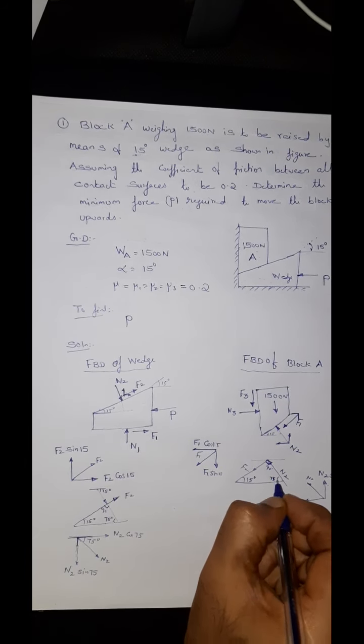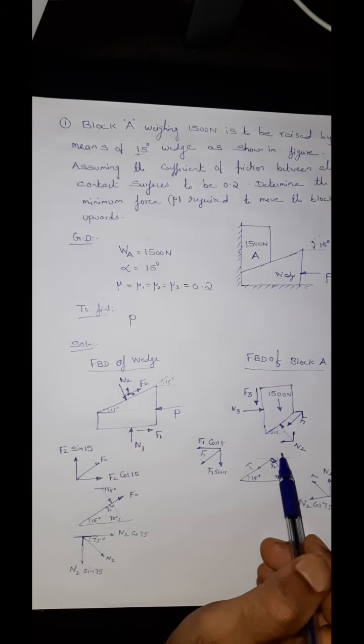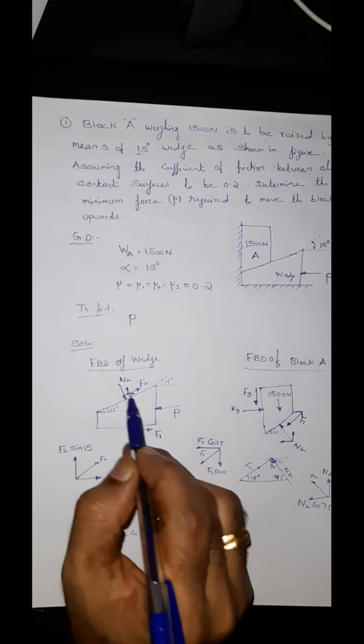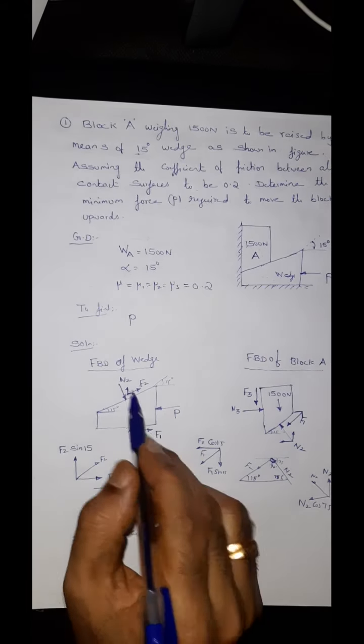So again here N2 cos 75. Clear? Right. Then where to start? We'll have to consider wedge first or block first. Just count the unknowns here. 1, 2, 3, 4, 5 unknowns as far as the wedge is concerned. Now let us count the unknowns of the block. 1, 2, 3, 4. So let's start from block A.